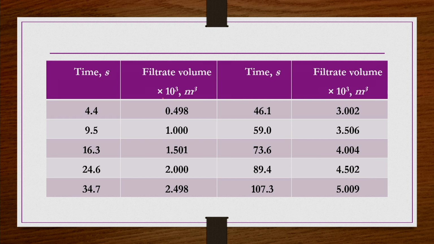The filtrate volume is multiplied by 10 power 3, so that means 0.498 into 10 power minus 3 meter cube of filtrate volume would be collected by time 4.4 seconds. Like that, the filtrate volumes at different time intervals are given here. So, this information we have to use. Basically, t versus V information is given.